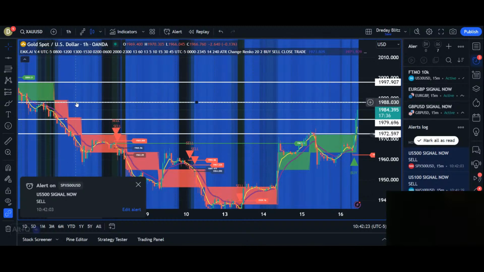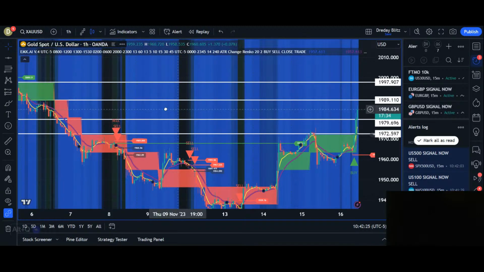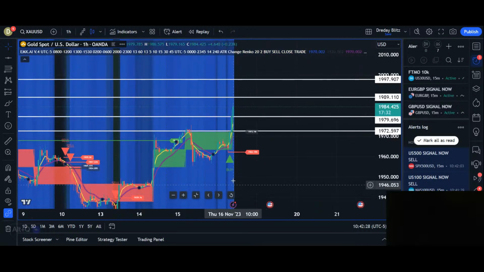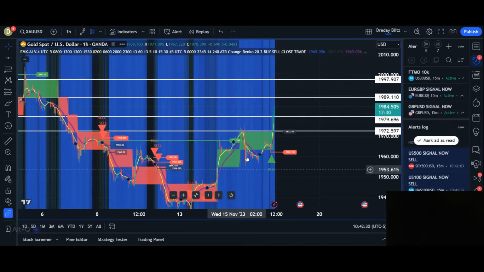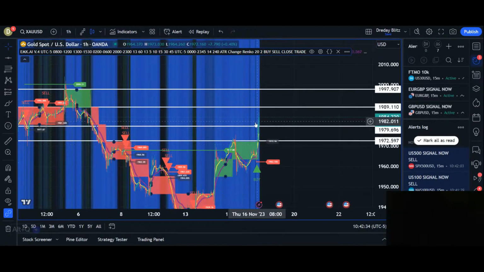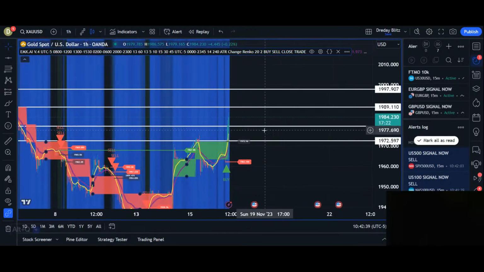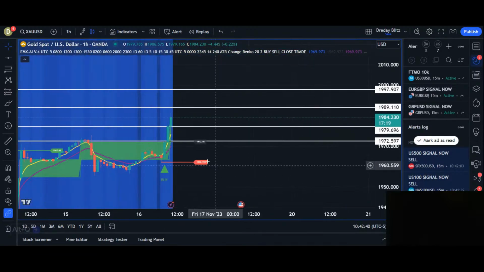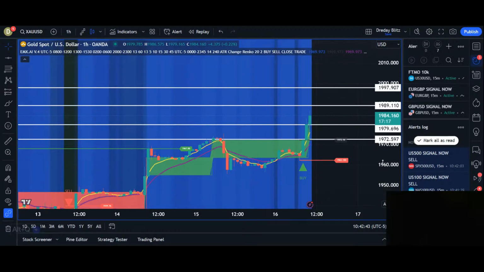Oops. There you go. So this is it, it already touched basically the first TP. Let me zoom in for you guys.